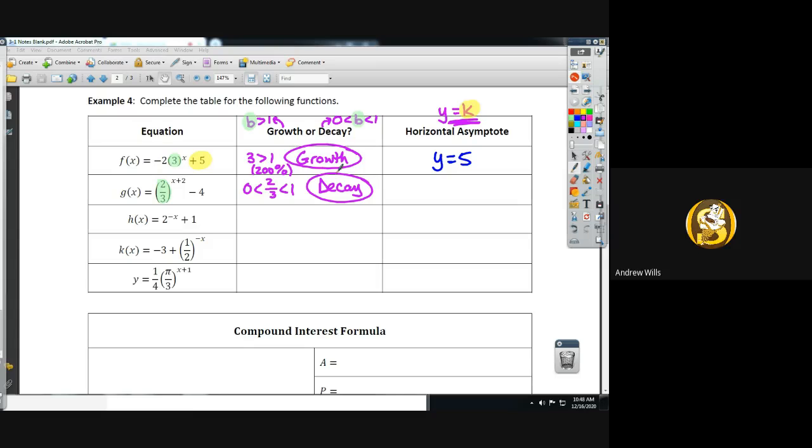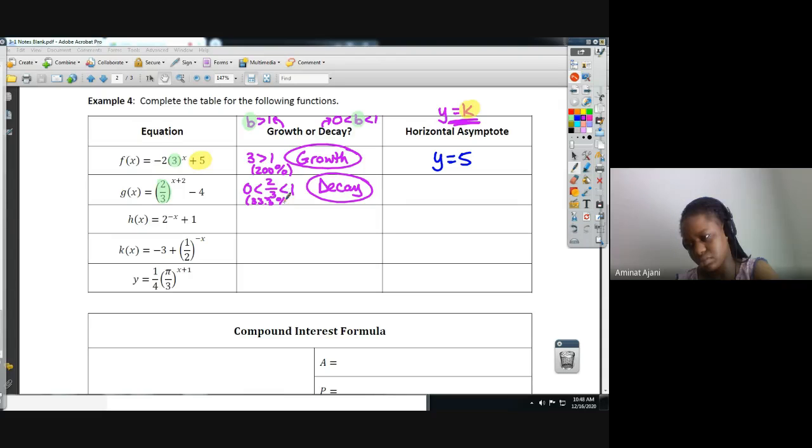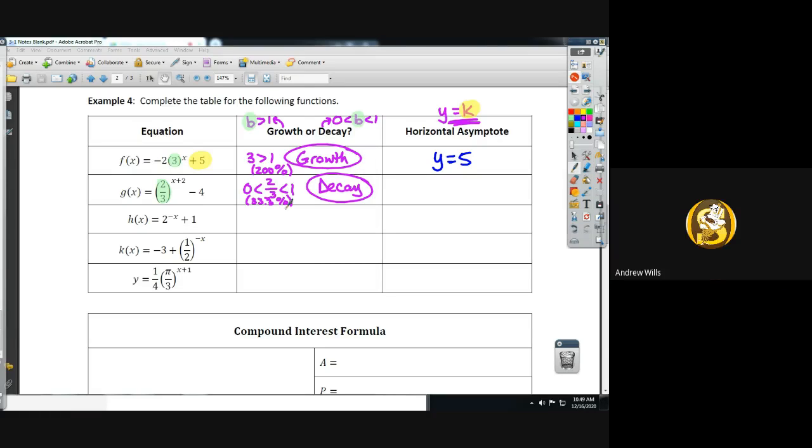Okay, 0.3 repeating, good, or 1/3, right? So when we're talking about what percentage decay this is, it'd be 33.3 repeating percent. Got to watch those mute buttons, people. If you unmute, you got to remute.